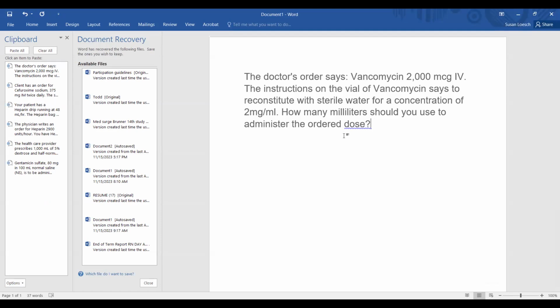Doctor's order says. Okay. So again, it's asking how many milliliters should you use to administer the dose, okay? So this is just a desired over have here. Okay. What do you have on hand? And usually on mine, I'll put a final concentration just so you know.